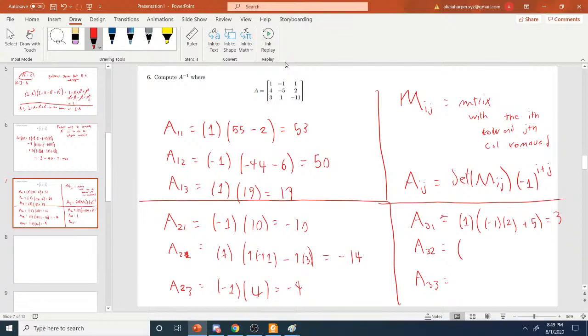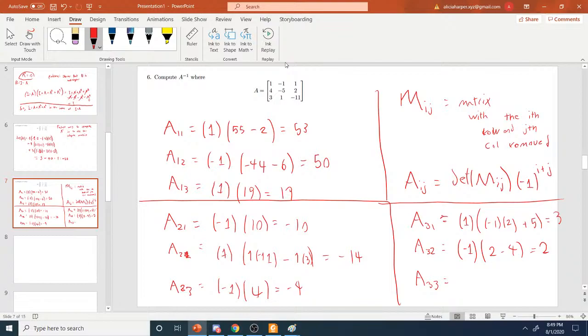And then here for A32, I omit the third row and the second column, and now I have a -1 out here. So third row, second column, I'm going to get 2 minus 4, so when I combine all this, I'm going to get +2.